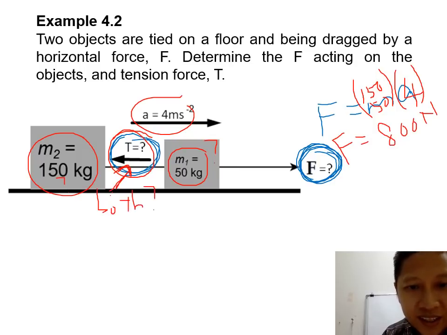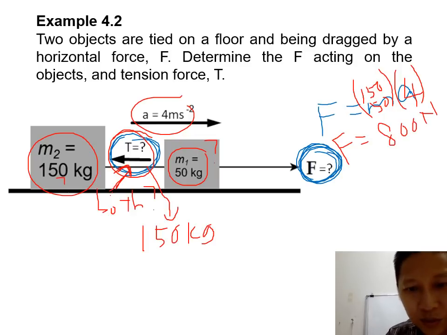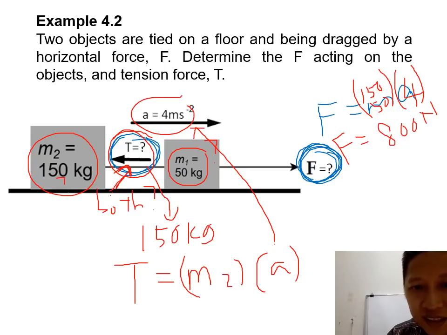Then the rope will say, I'm just pulling the 150 kilograms. So since the rope is pulling 150 kilograms, the tension force equals m2 times the acceleration. Is it the same as 4? Yes.